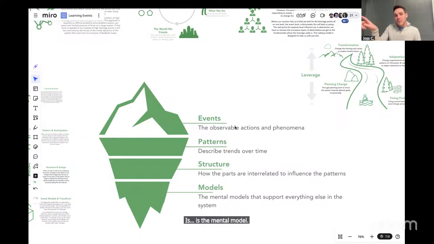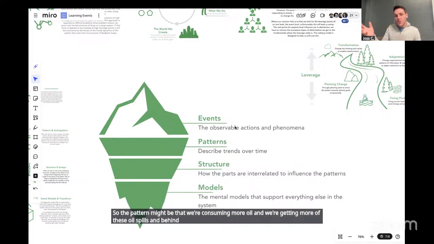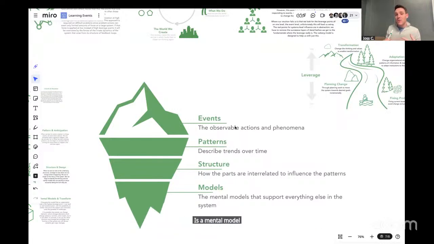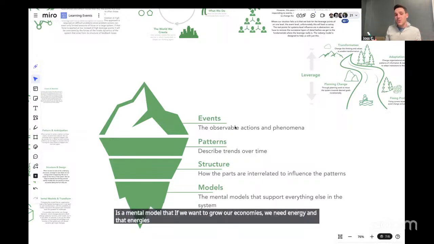So the pattern might be that we're consuming more oil and we're getting more of these oil spills. And behind that is a structure with more containers flowing around the planet to supply all this energy for these emerging economies and so forth. But underneath all of that is a mental model that if we want to grow our economies, we need energy, and that energy is best come from petroleum-based sources. So we're going to have to increase the supply chain, ship more oil around the planet, and potentially get more oil spills.